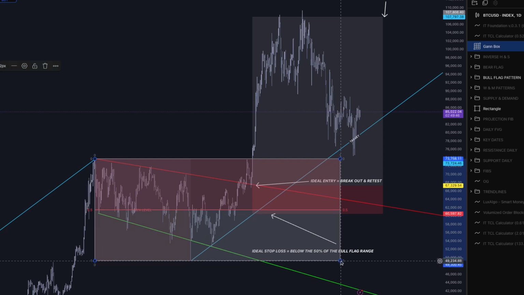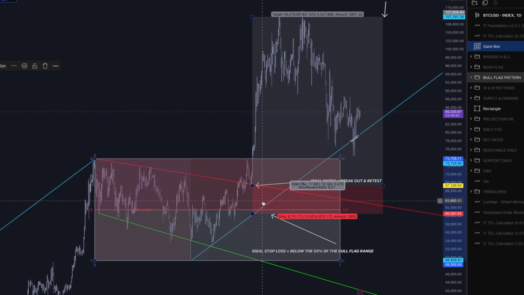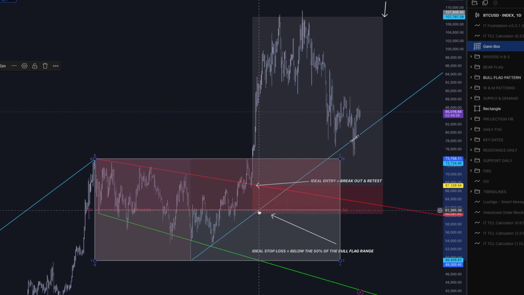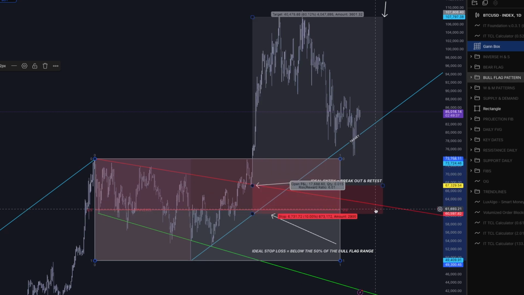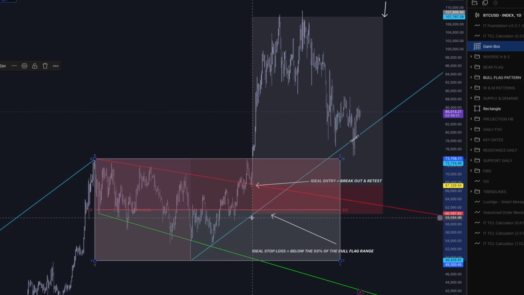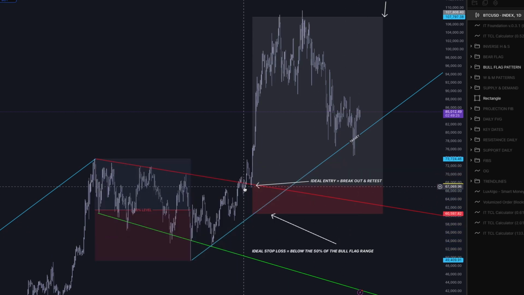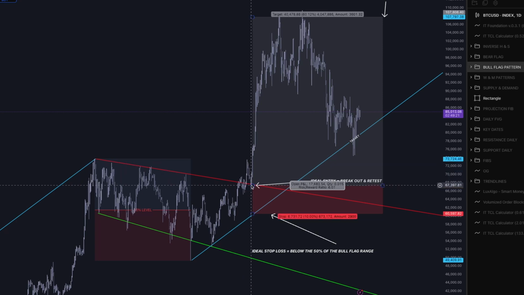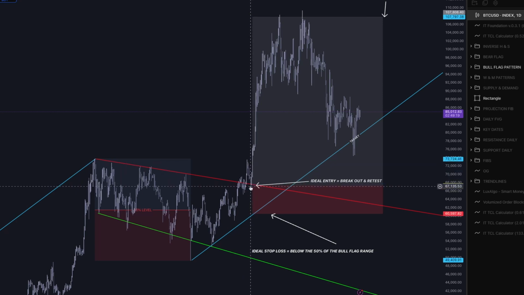You could almost say that this bull flag becomes invalid if price was to come back down under this 50% level. So you can see here in the one I've drawn out, I've got my stop loss at the 50%. But what you could also do, looking at this chart, is we've had this breakout. We're putting in this low right here, and this is where we're going to enter.